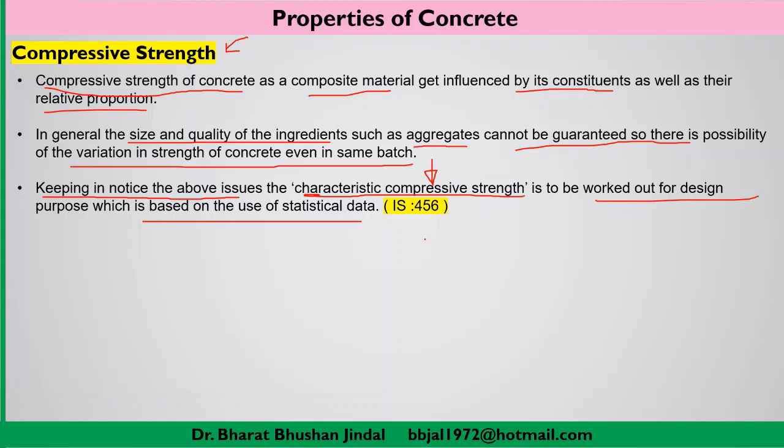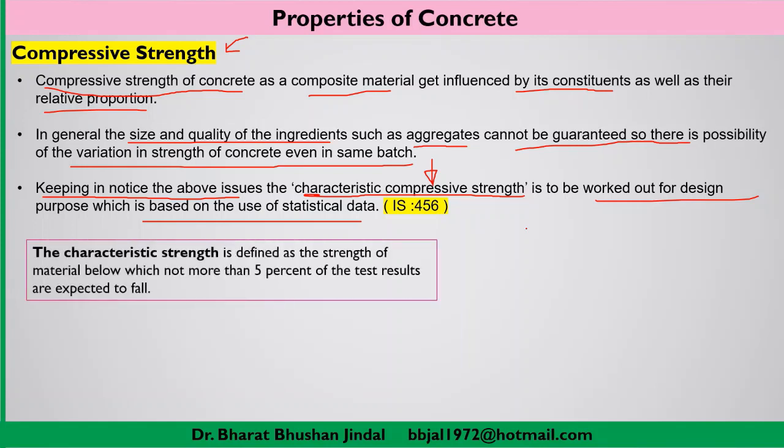So here what we are understanding is, suppose you have cast 100 cubes, then each cube may have variation in compressive strength. So to make use of concrete and to understand the exact compressive strength, we will be using the term characteristic compressive strength, not the compressive strength.